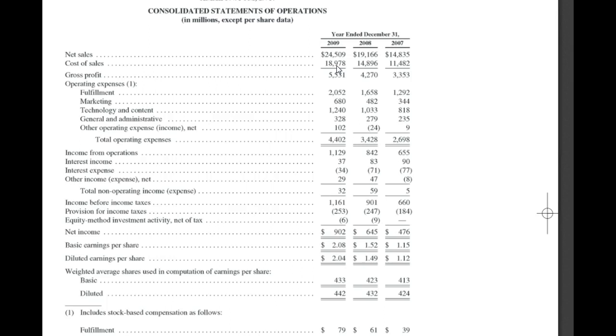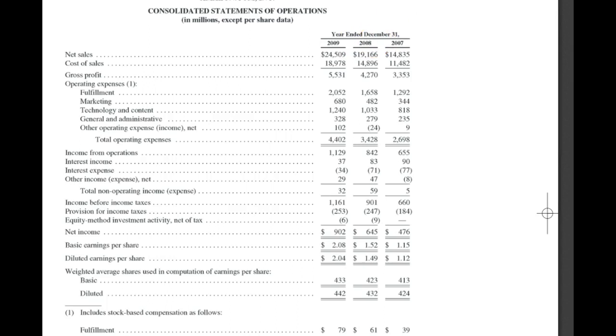I have no purchases. That's a question mark. So I don't know what goods available is, but I do have the ending inventory of $2,171. And I have my cost of goods sold of $18,978. So now work that formula backwards.